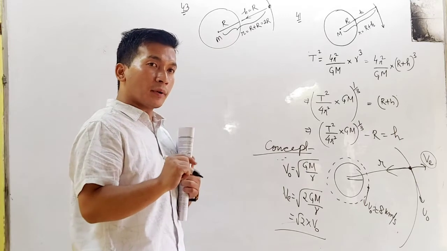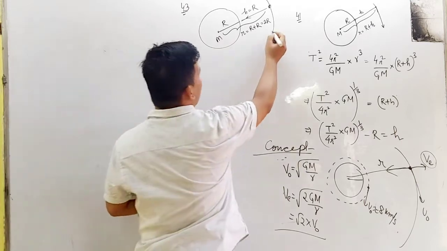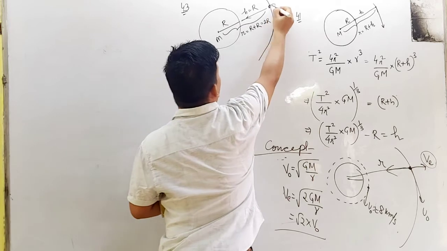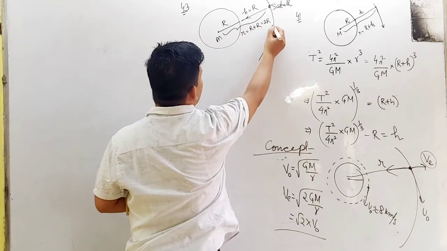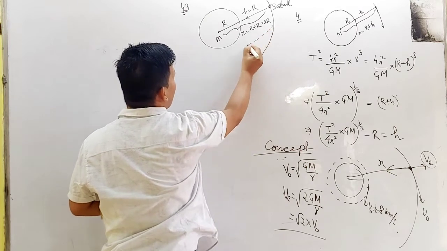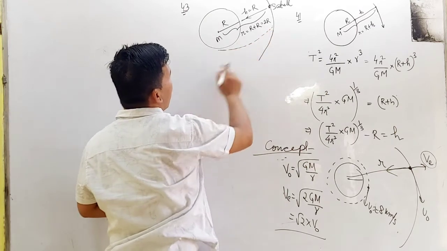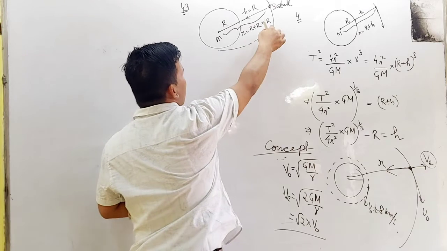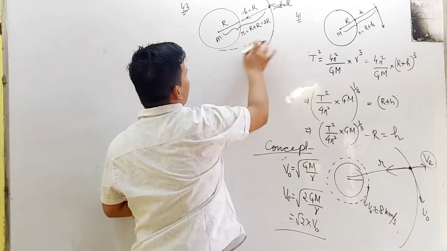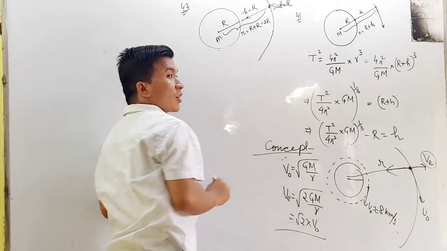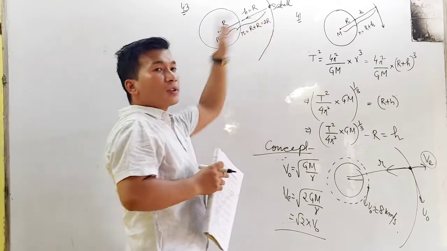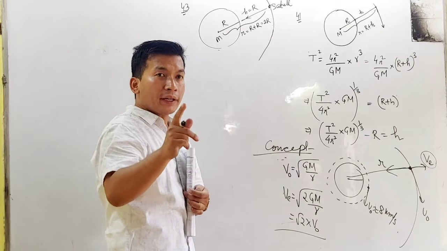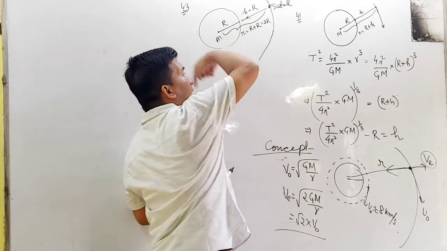Here, this is the satellite when it is very near to the Earth's surface. Gravity acts on it. It will not fall directly, freely straight down. You know why? It is revolving.